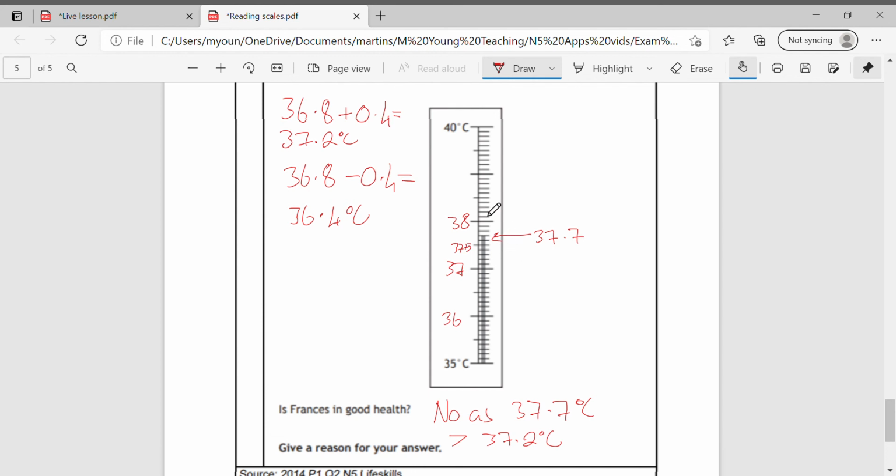So with reading scales, it's just about knowing what each increment's worth, and that then comes in handy when we're looking at maybe reading graphs as well, or plotting our own graphs. So reading scales should hopefully be the type of question that you're looking to get marks from in any test or assessment.